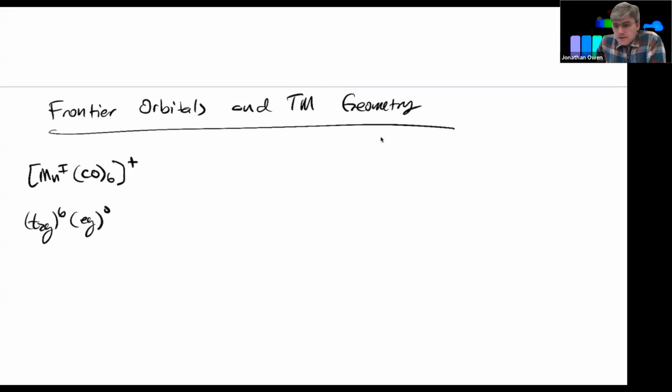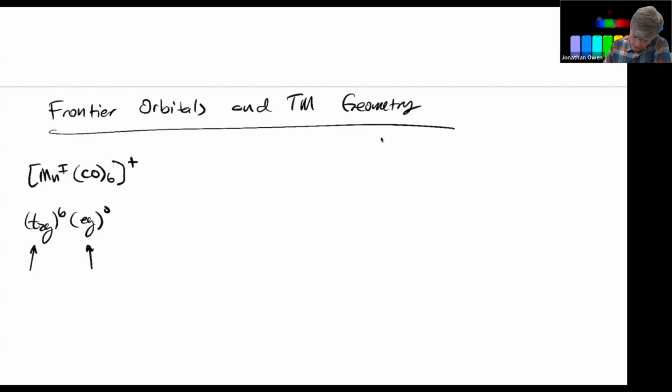Why is it low spin instead of high spin? CO is a very strong field ligand. It's a good donor and a great acceptor, and that makes that delta O really wide.